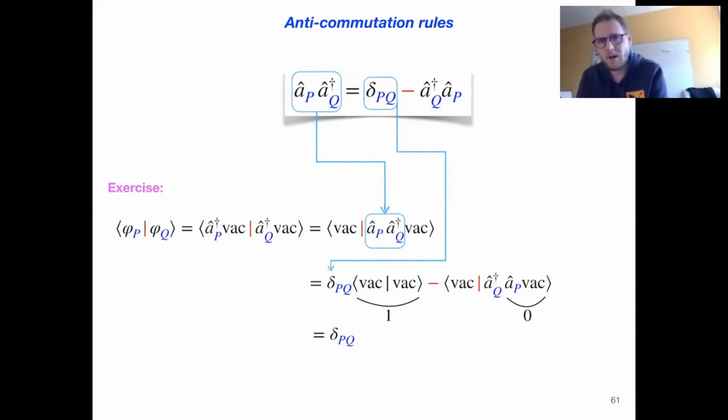You spend your time moving creation or annihilation operators from bra to ket and use this anti-commutation rule all the time to simplify things. So now you have at least an idea of how the machinery basically works.